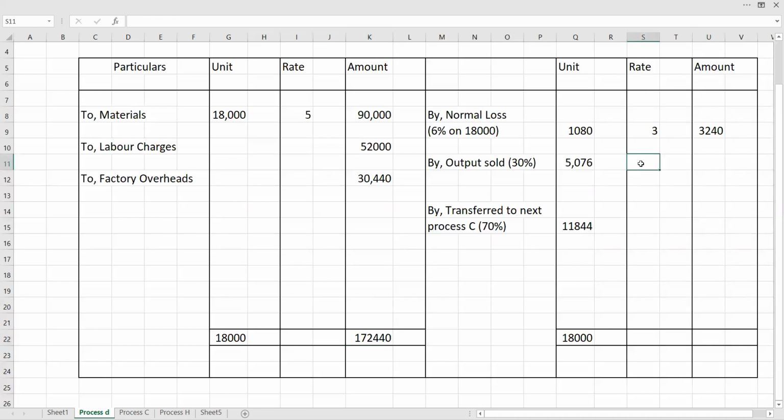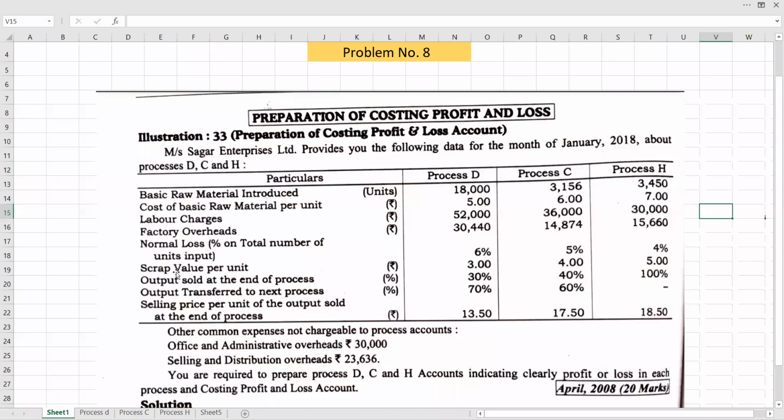See, here the rate is given. You can see this selling price per unit of output sold at the end of the process, 13.50 rupees.